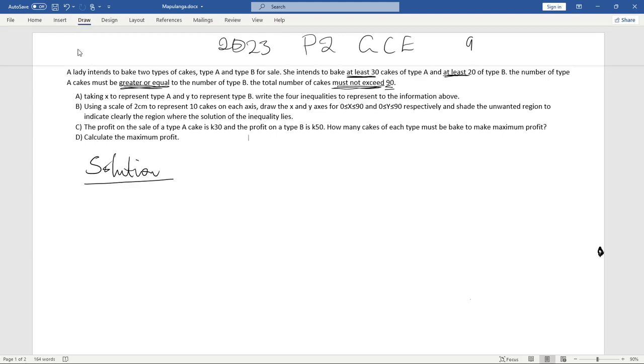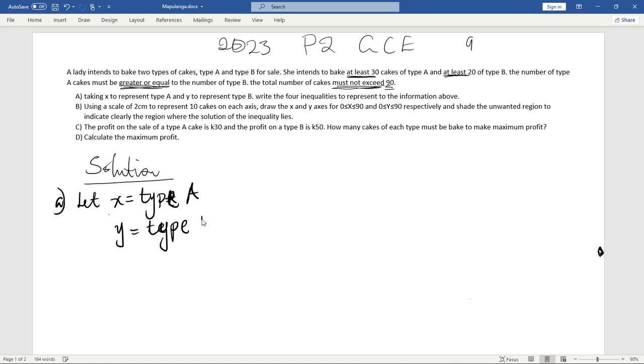Let me just broaden the tip a bit. So here we let X be equal to type A, and we let Y be equal to type B. Now let's try to get the inequalities that we need.